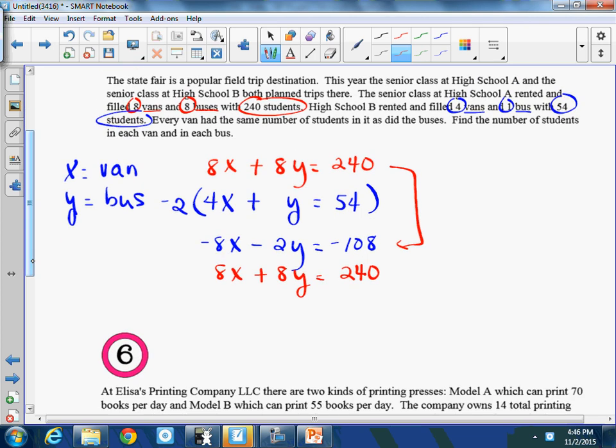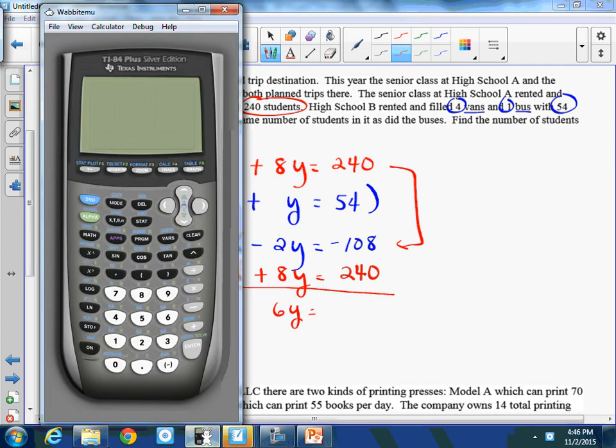Alright, so when I eliminate, that would be 0. Negative 2y and 8y would be 6y. And then 240 minus 108 is equal to 132, and then I have to divide that by 6. And that equals 22.